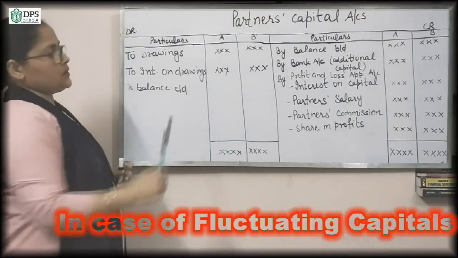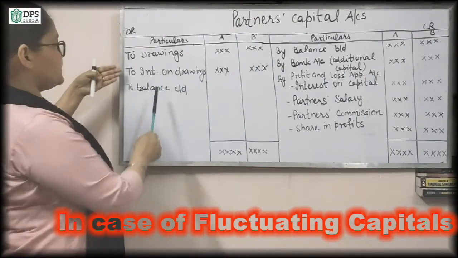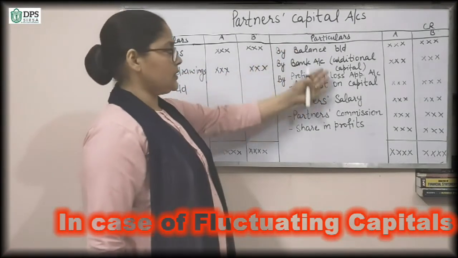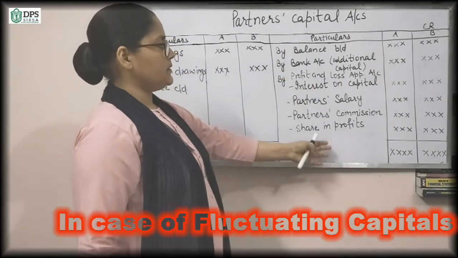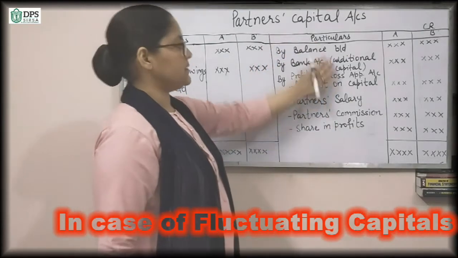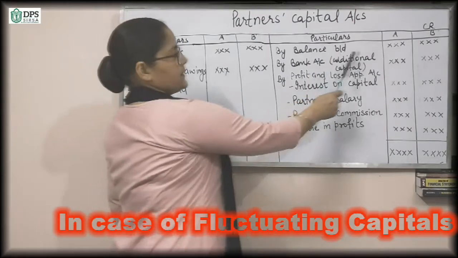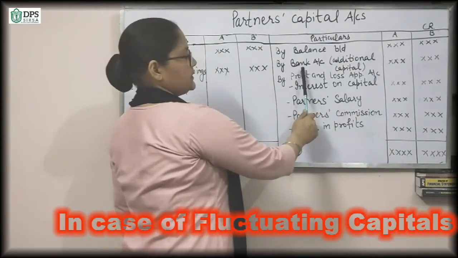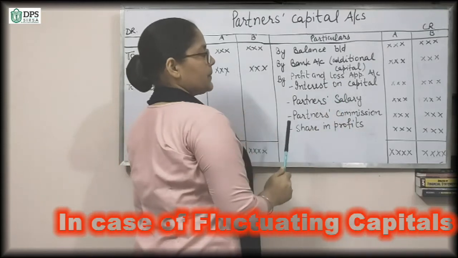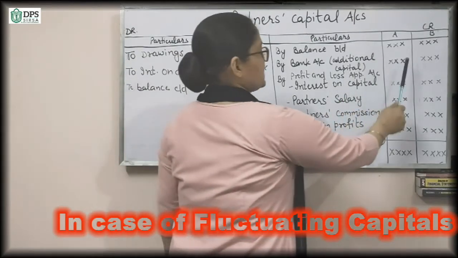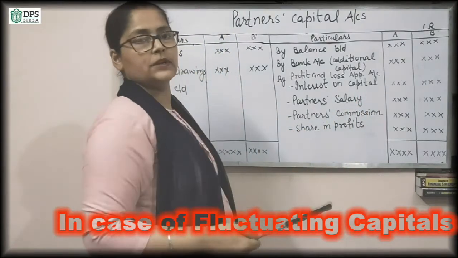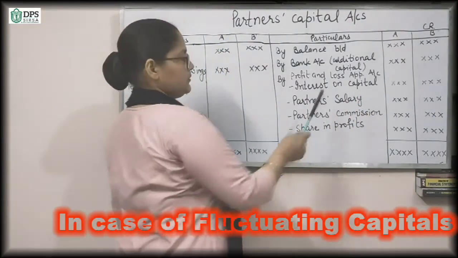Why will it come on the debit side? Both entries come on the debit side because all the entries on the other side show that the partner is receiving something. He has a balance over here, capital, and additional capital introduced by a partner. He will receive that amount at the end of the year, or when he retires from the firm.